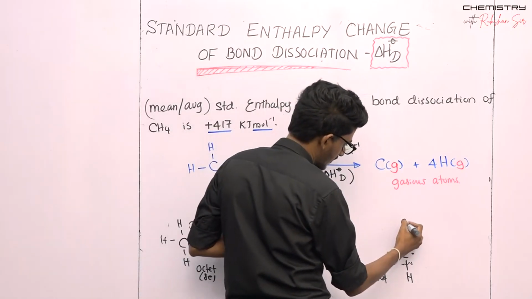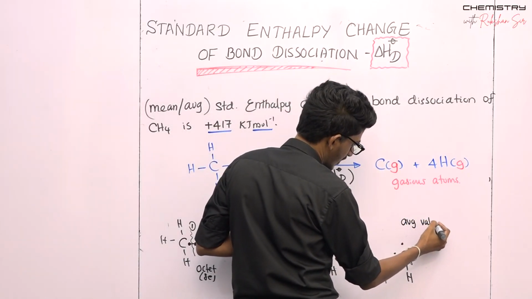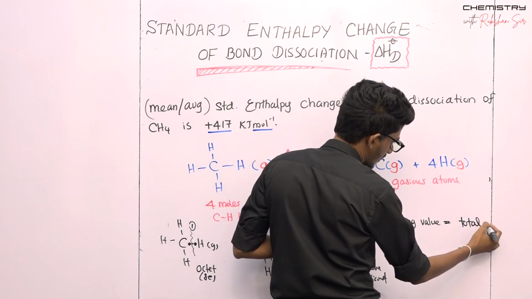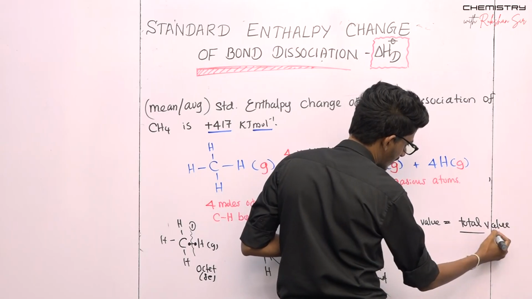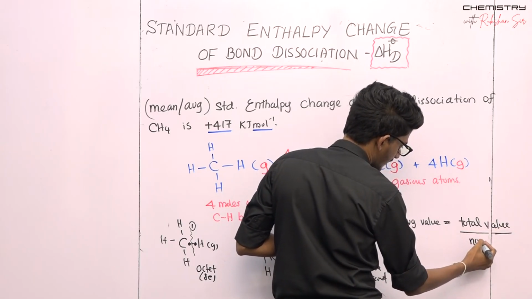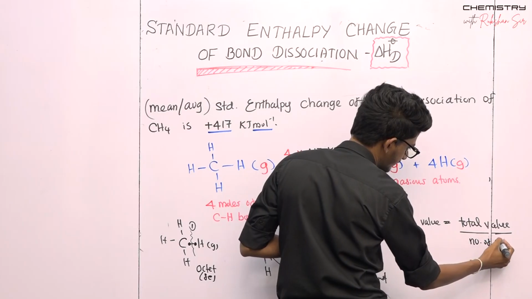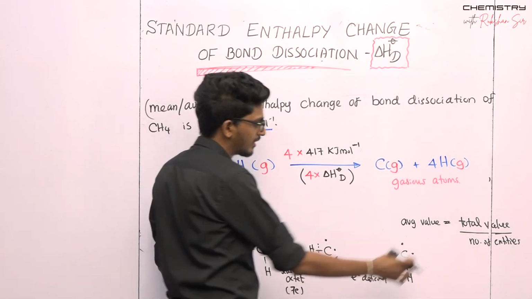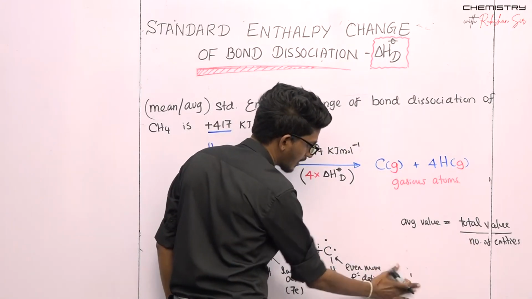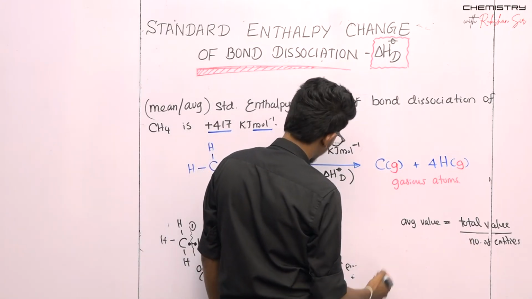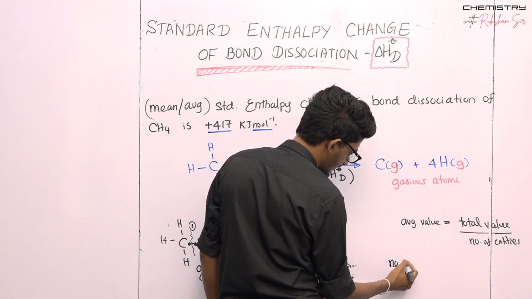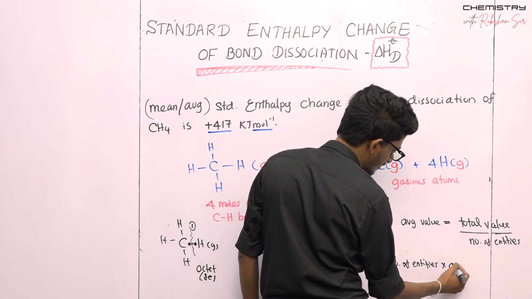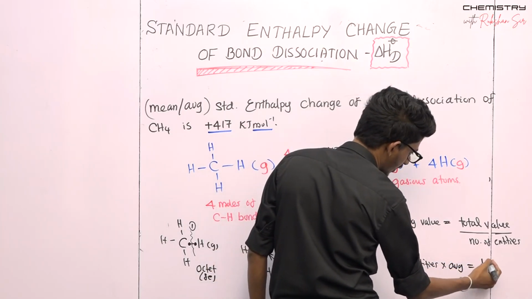The average value is actually the total value divided by the number of entities. So if the number of entities is multiplied by the average value, then you get the total value, right?